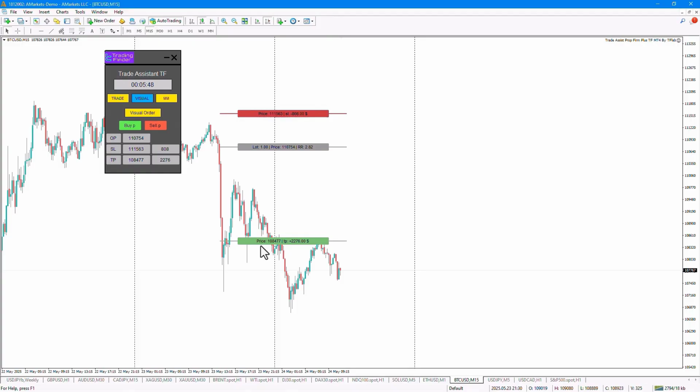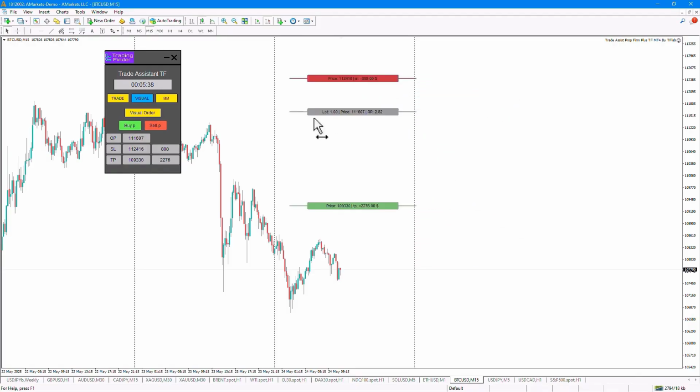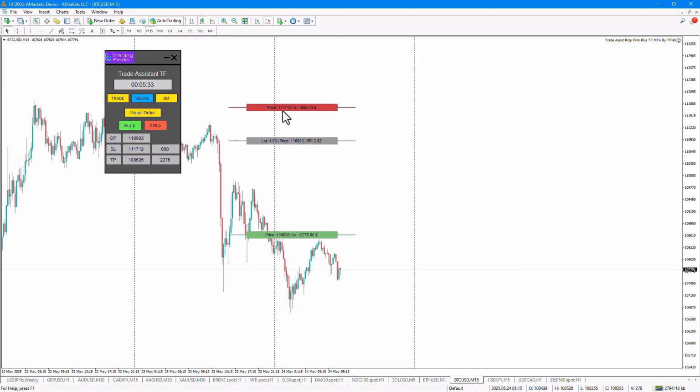And in the lower section, you can also see the take profit price level and the take profit amount. Here you can set your level by moving this tool, and by clicking on the buy pending or sell pending option, you can set your pending orders in this section.